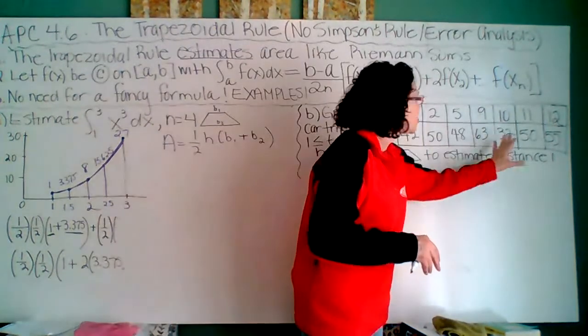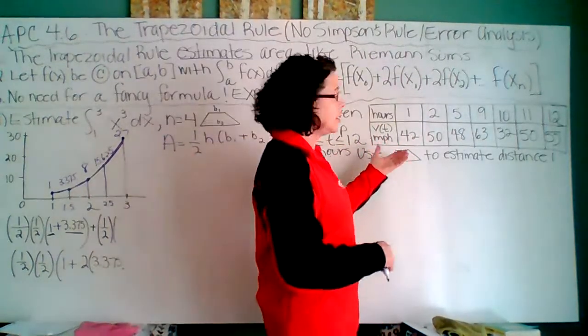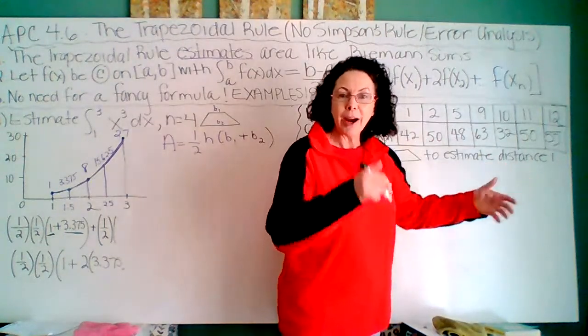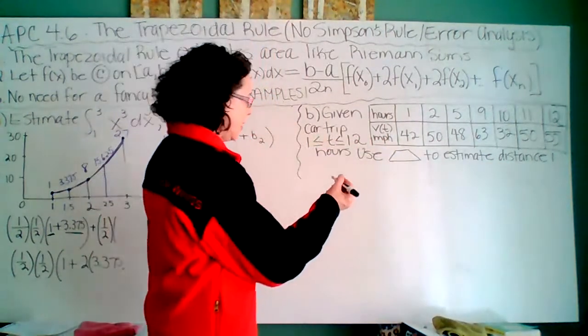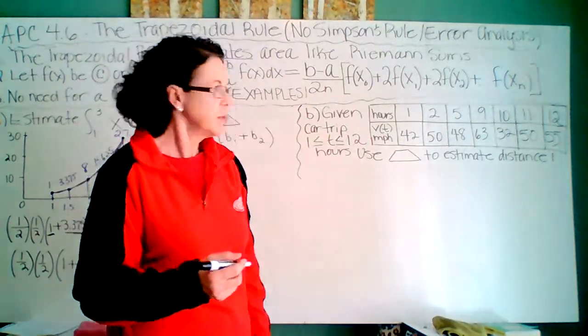And that is shown by the trapezoidal rule. Another thing we could do is actually make a graph. If you like a graph, you could graph these points and then draw your trapezoids. But I'm going to go ahead and do all the areas for the trapezoids.